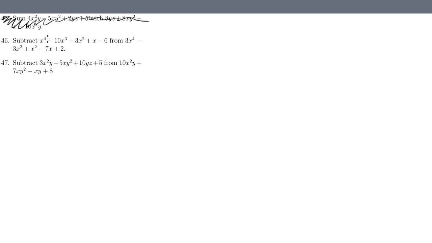We're going to subtract this from that, so I'm going to write out 3x to the fourth minus 3x cubed plus x squared minus 7x plus 2. And then I'm going to subtract, and my pattern goes plus, minus, plus, plus, minus. So 4, 3, 2, 1, 0. Okay, so that's going to be minus, plus, minus, minus, plus.